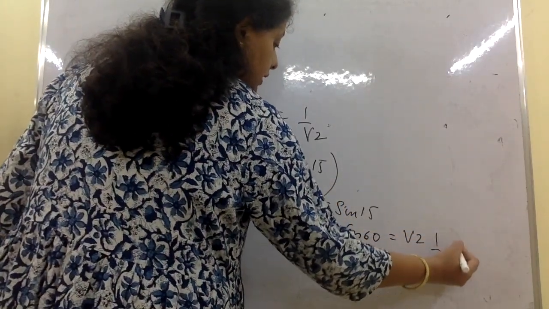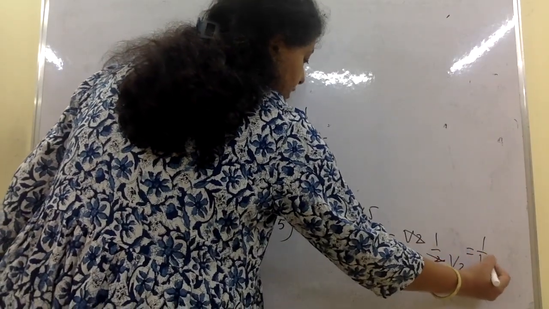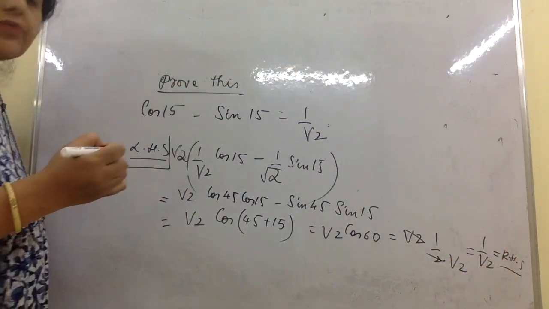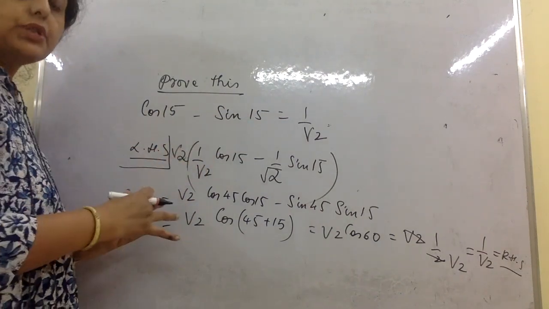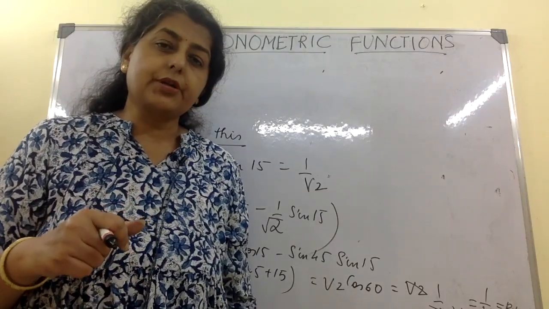If I cancel here, I get 1 by root 2, which is equal to the RHS. So like this you will have to take some hints. When I saw this root 2, I thought maybe I can do this sum with 45. So those were a few of the questions from trigonometric functions.